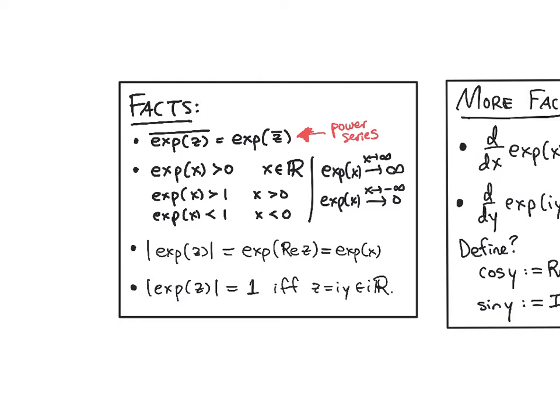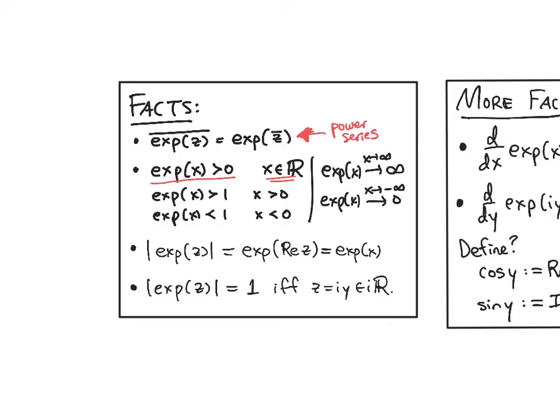You can view this just straight from the power series. Now, we'll see that when you plug in real x into the exponential, it gives you the exponential function you're used to from calculus. For instance, exp of x is positive for x being real. Well, why is that?